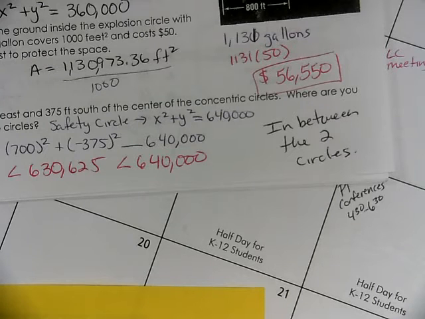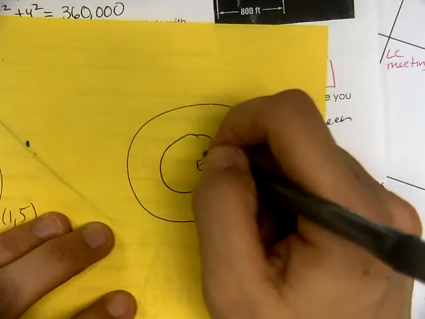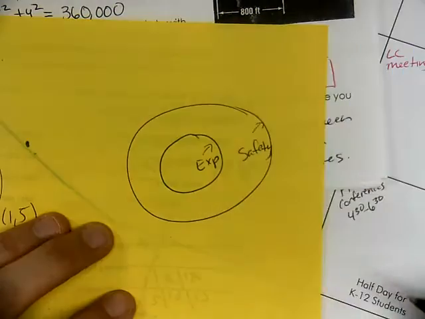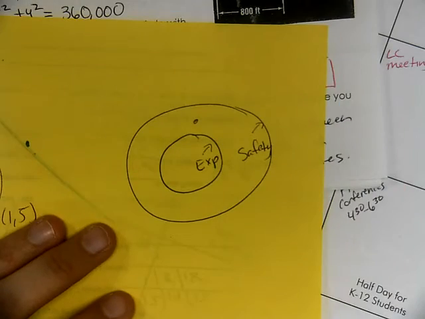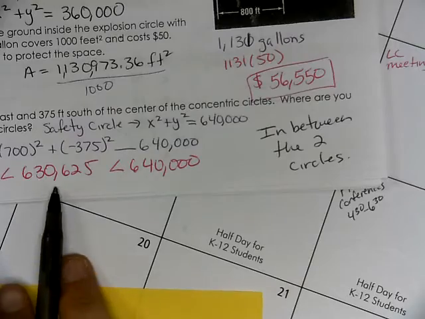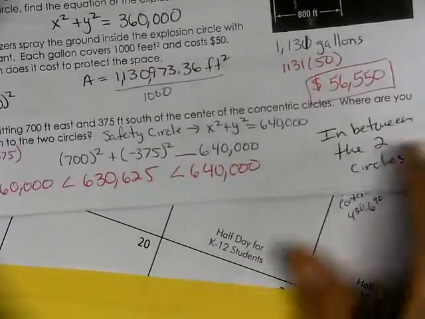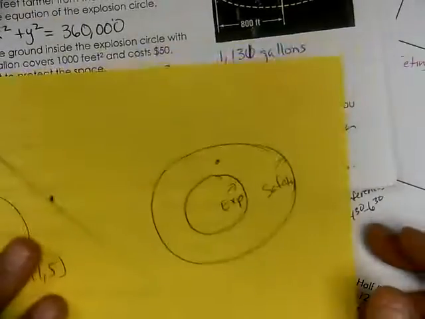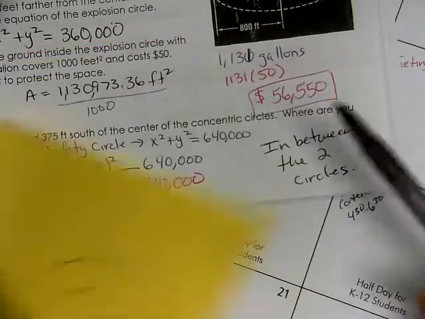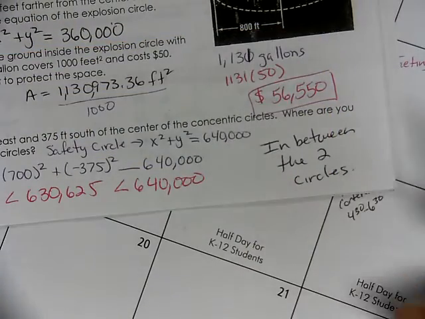You have the explosion circle here. The safety circle is here. I'm chilling in between. Because the number I got was in between the two radiuses squared. So I'm here. Questions?